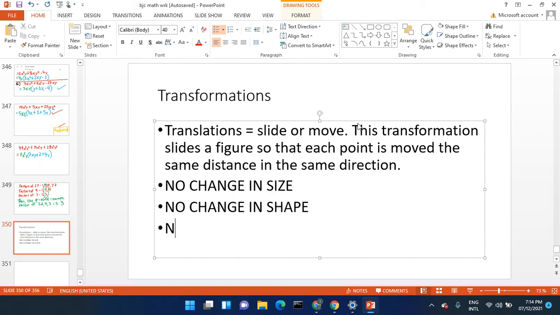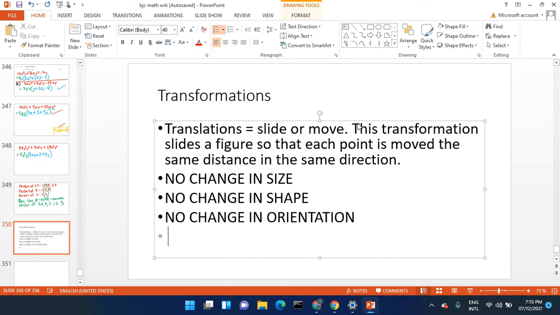And no change in orientation. It's just a slide. We don't make it smaller, we don't make it bigger, we don't twist it, we just slide it across.